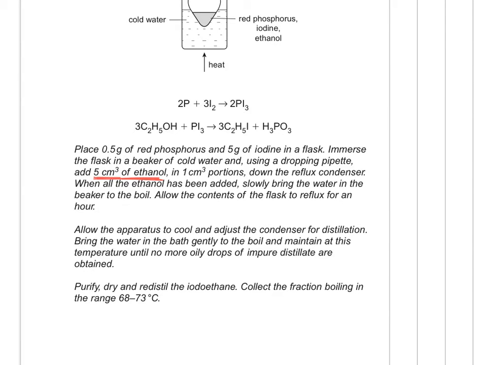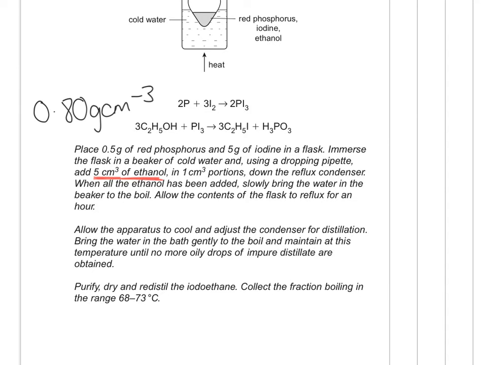So we've got a volume of 5 centimeters cubed, and we're told in part 3 that the density of ethanol is 0.80 grams per centimeter cubed. So we can use our density equals mass over volume equation to work out the mass. So again, we'll do that under the relevant equation.